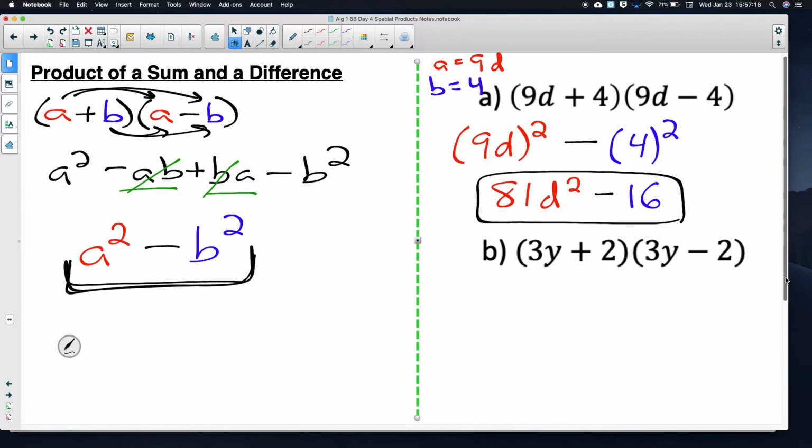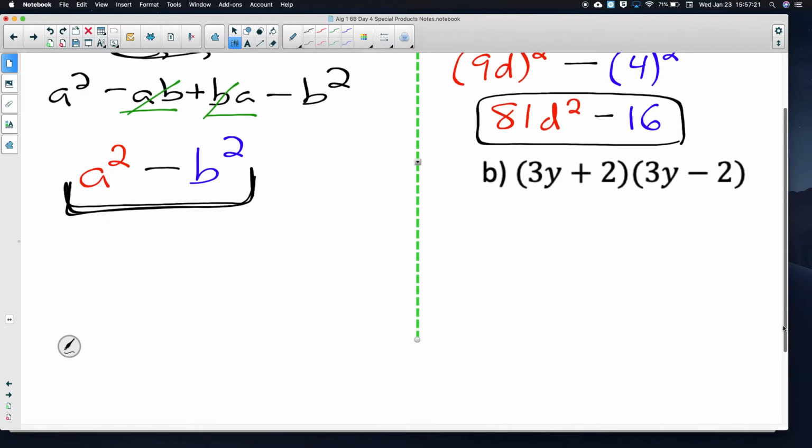And then our last example for this video, we've got 3y plus 2 times 3y minus 2. So I have A being played by 3y, and I have B being played by 2.